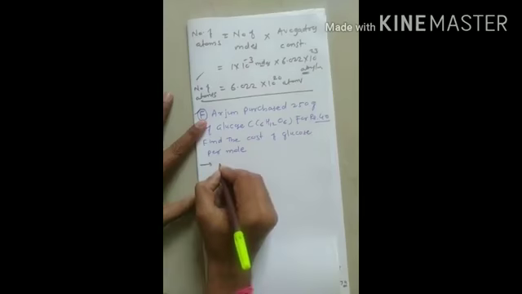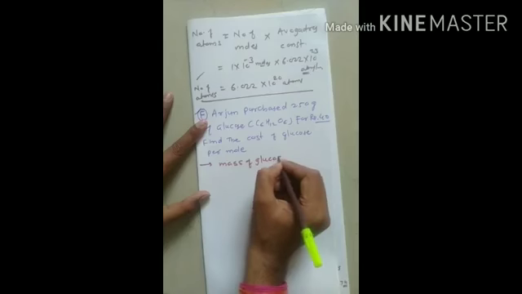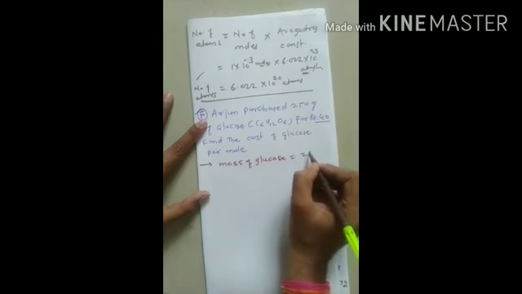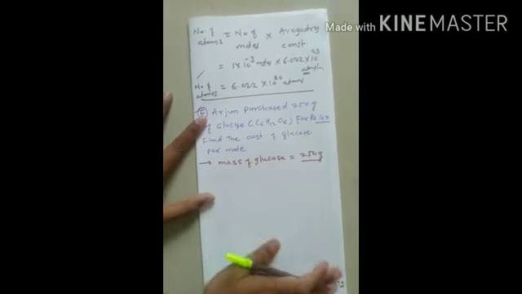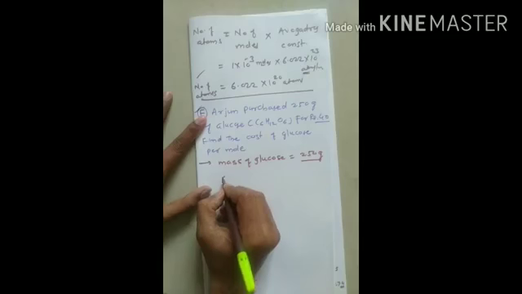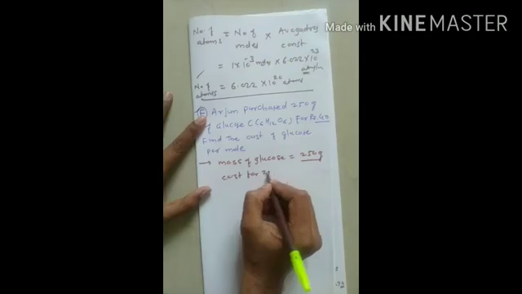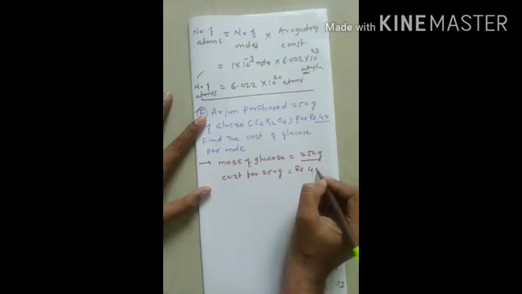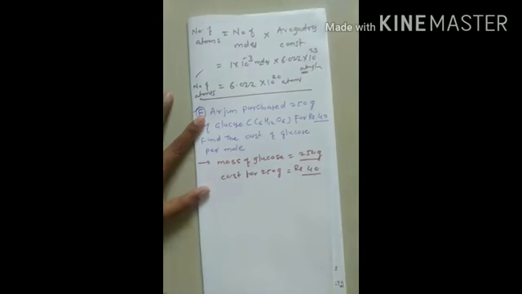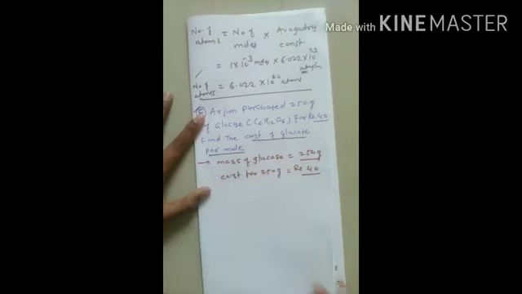So I am writing here: mass of glucose is 250 gram, and the cost for this 250 gram of glucose is 40 rupees. This is the data given in your question. So we have to find out the cost of glucose per mole.